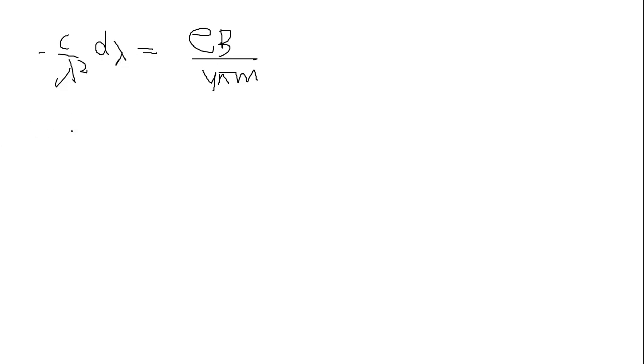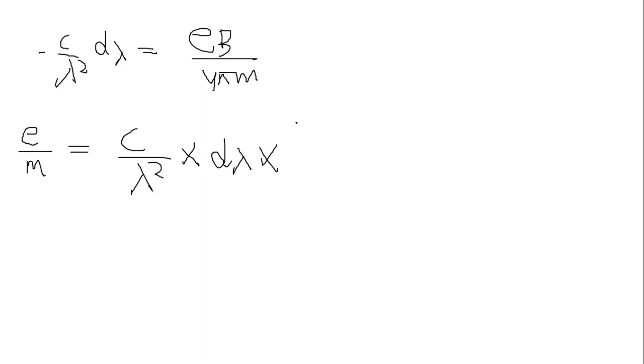So what will e by m be? Then e by m will be c by lambda squared into d lambda into 4 pi by B. So from this we can get this.